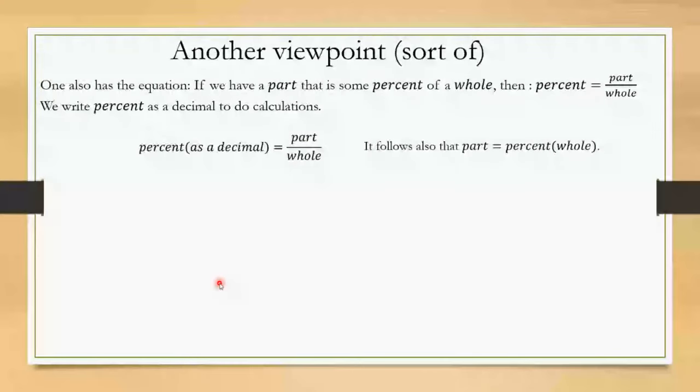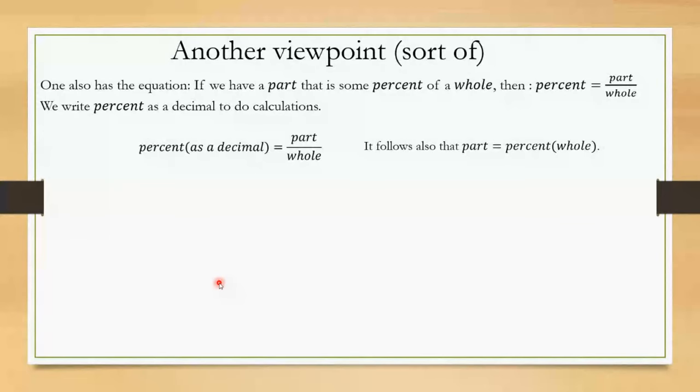And this also comes up as well. This is especially useful when you're dealing with word problems. Basically, when you have a percent, in a sense, you have part of something, a part of some whole.